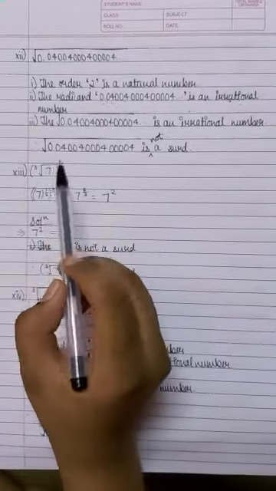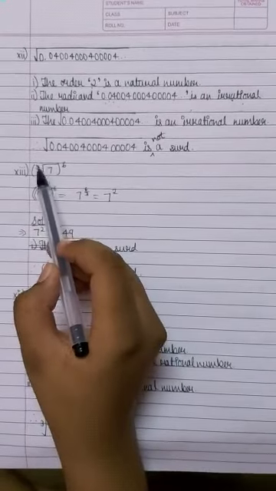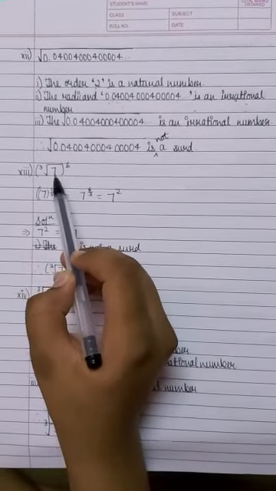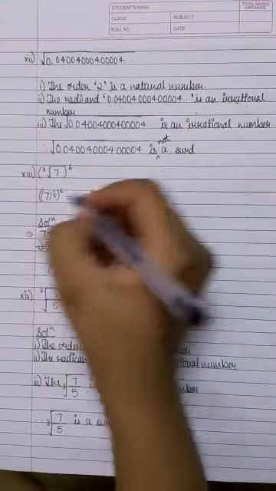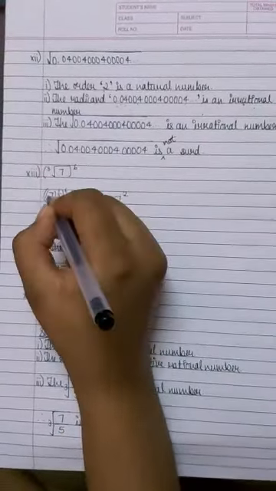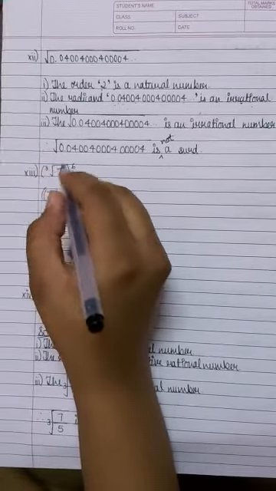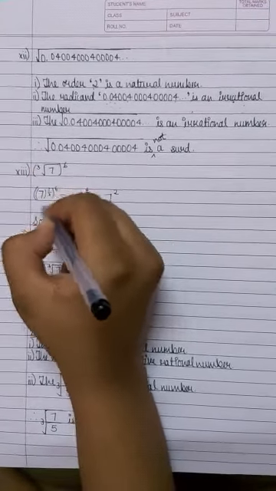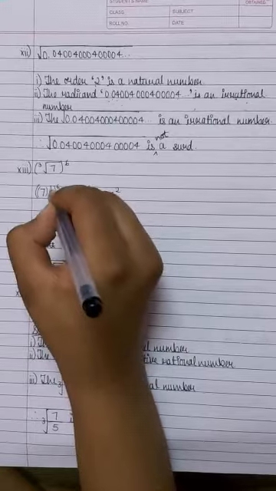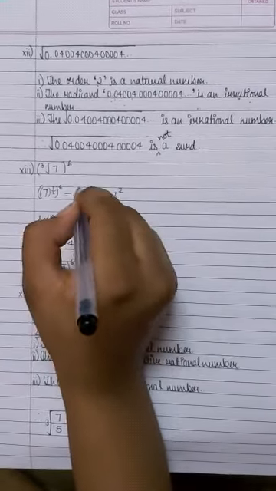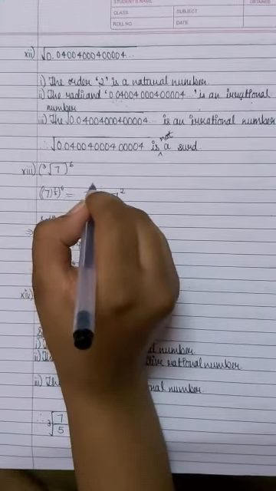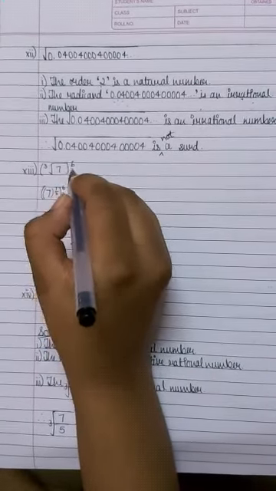Now let's move on to the 13th sub question. Third root of 7 to the power of 6. Now what you can do here is, I have shown the steps here. We are going to take the inverse of 3, that is 1 by 3, and put it as a power into 6. Now what is this going to be? If 7 raised to a, raised to b, then it's going to be 7 raised to a into b. Now a is 1 by 3 and b is 6.